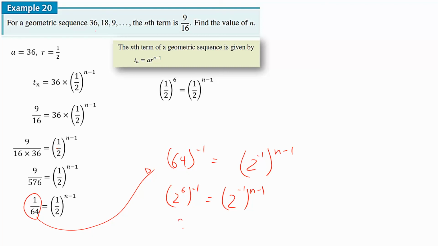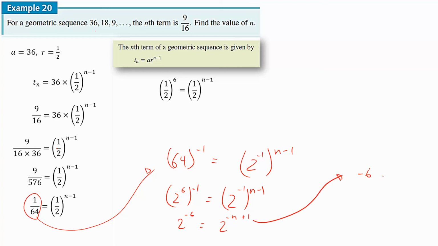That's 2 to the power of -6 equals 2 to the power of -n plus 1. And because the bases are the same, and they're both equal, you can say -6 has to equal -n plus 1, and you can solve that. Alternatively, you can do what we did up there. The nice thing about this is you don't have that -n. But they both come out to be the same answer.